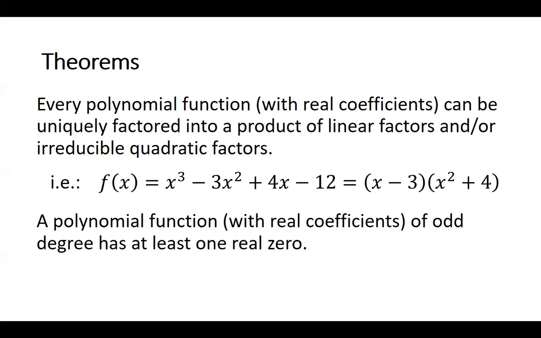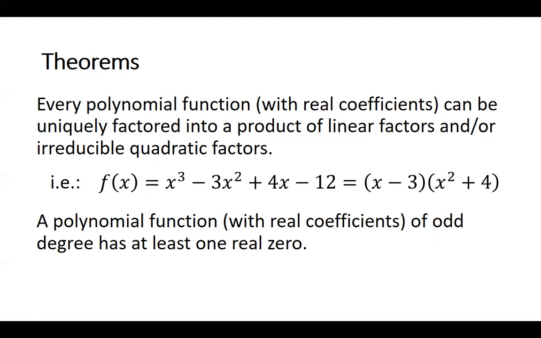A polynomial function with real coefficients of odd degree has at least one real zero. Remember it can be broken down into linear factors and/or irreducible quadratic factors. Linear factors with a real coefficient are going to give us one real zero.